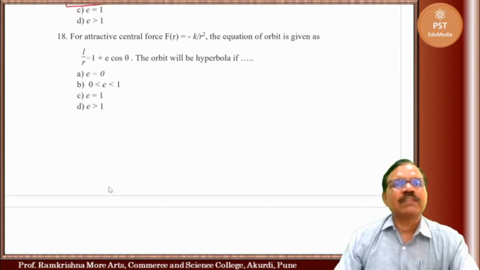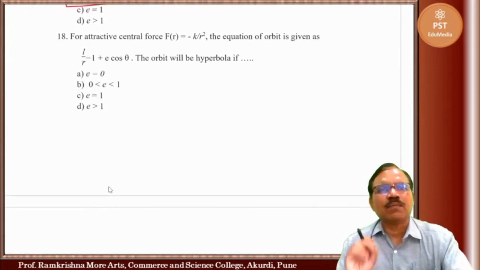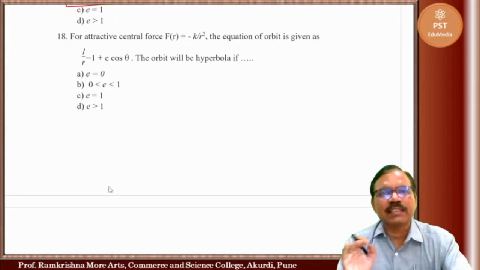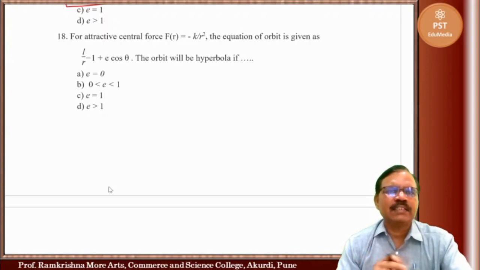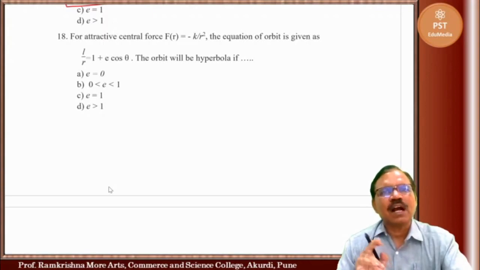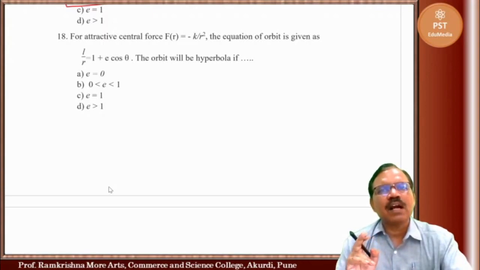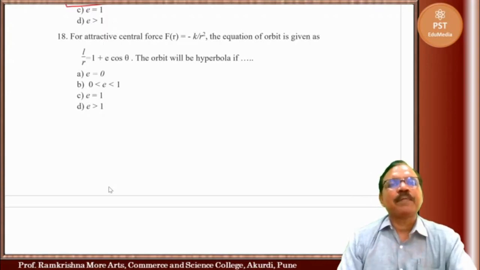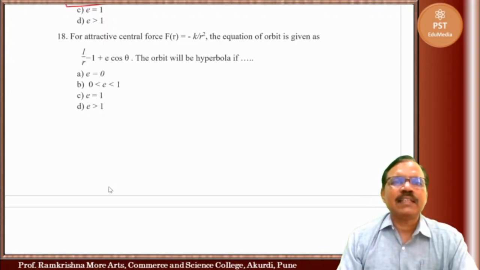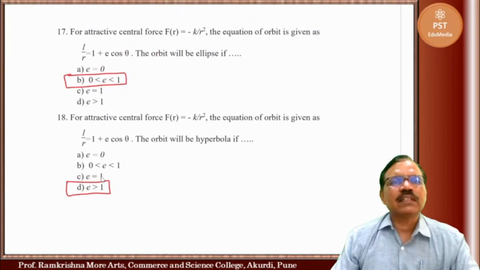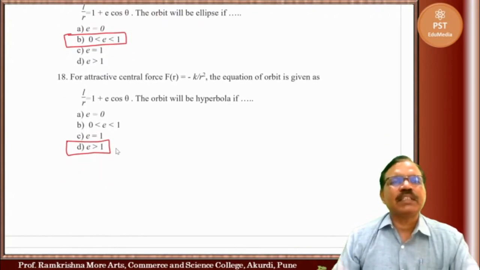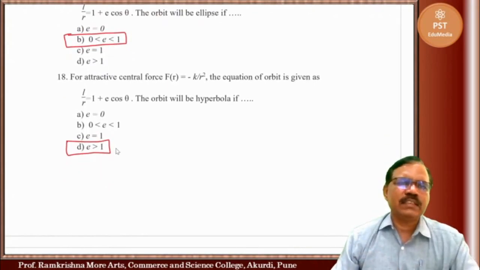And next one, the orbit will be a hyperbola if energy is greater than 0, eccentricity is also greater than 1. So this last option is correct, that is e greater than 1 is correct.